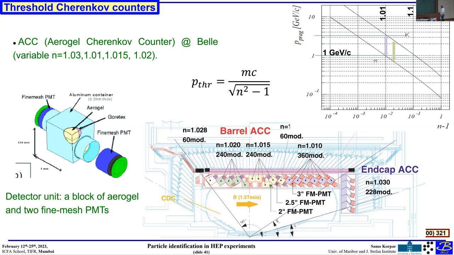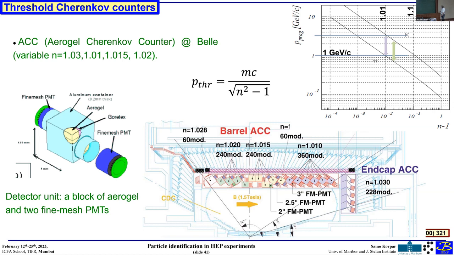Now the threshold range, as maybe you remember from yesterday, they were tagging kaons with approximately 1 GeV range, and these go in the forward direction, so there is a higher refractive index. And then in the 2 particle decays, the faster one goes in the forward direction and the slower one goes in the backward direction, and the faster one needs a lower refractive index.